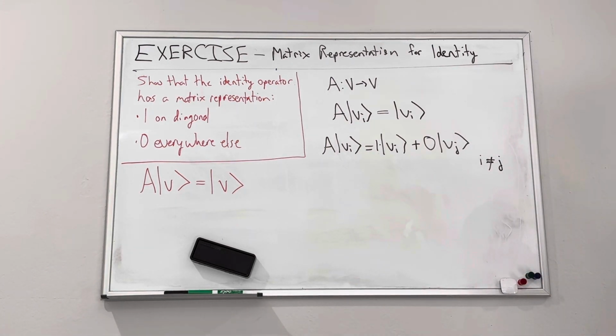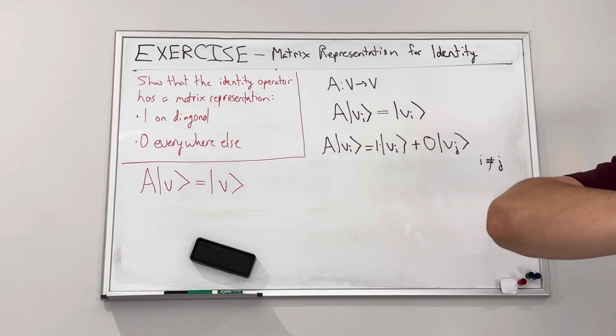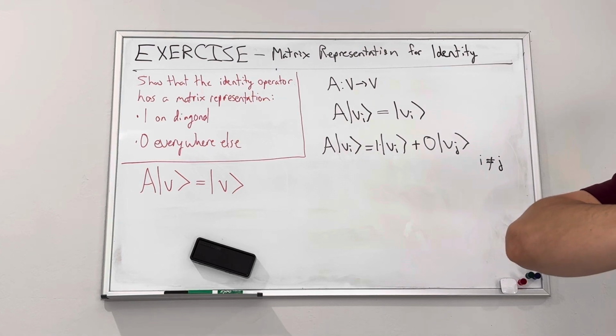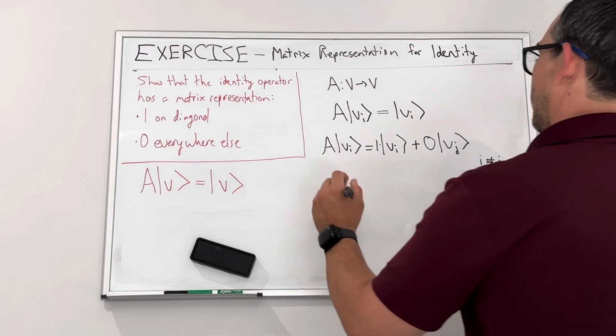And so there's a notation for this here. 1 everywhere, and then 0 when i is not equal to j. So 1 when i equals j and 0 when i is not equal to j. And that is this.